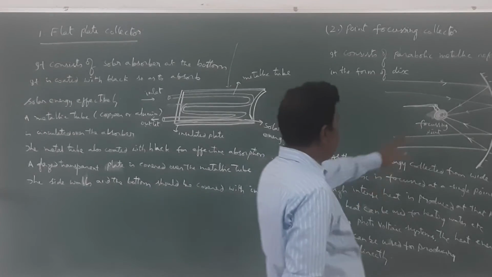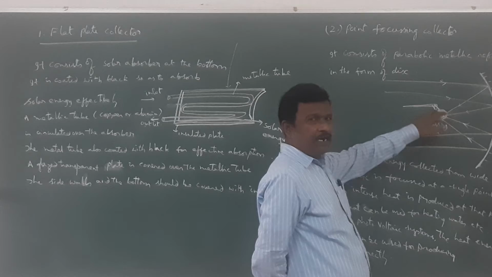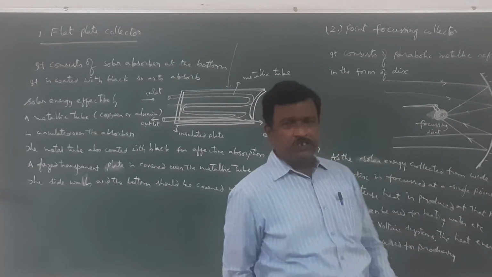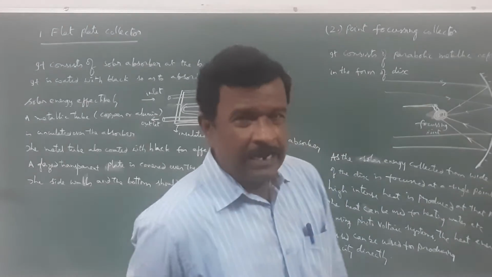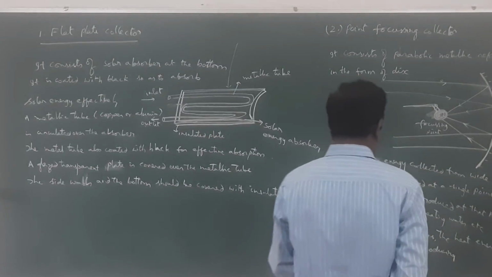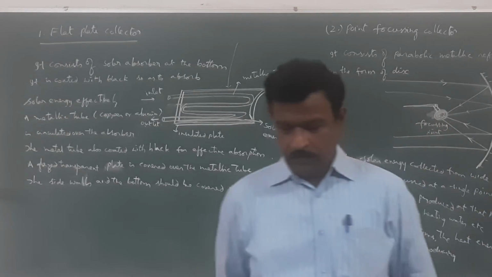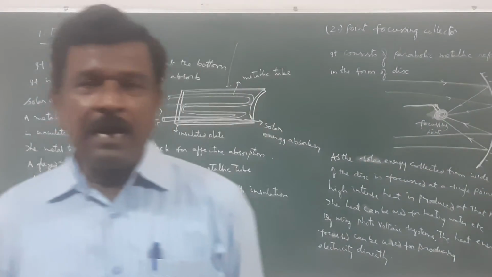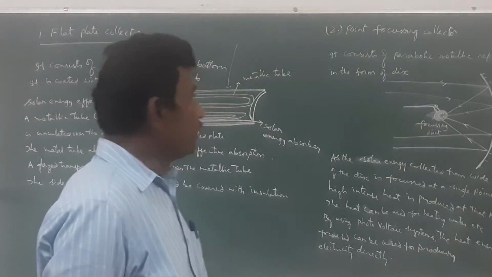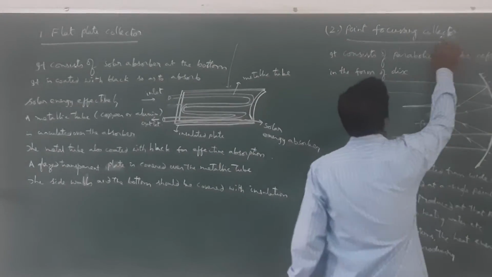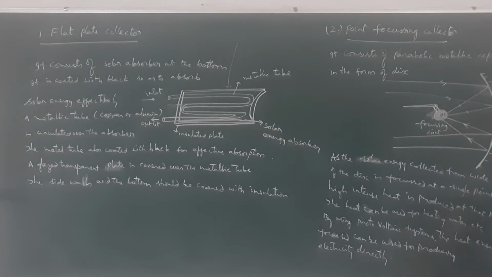Or if you transfer this heat energy directly to the photovoltaic systems, electric power can be produced directly that can be used for running electrical appliances. So this is the point focusing collector as well as the flat plate collector.